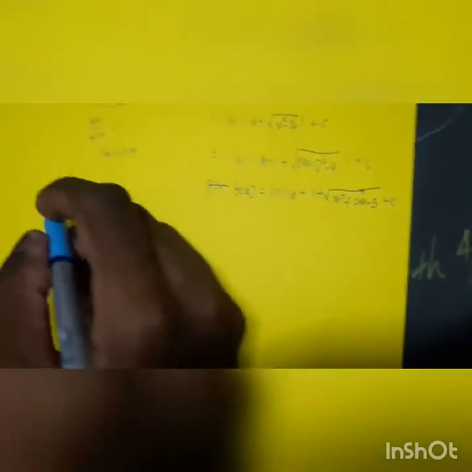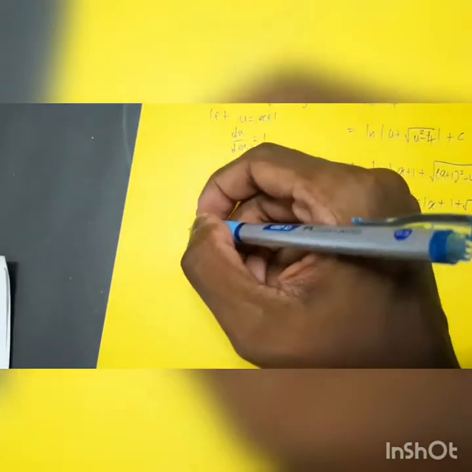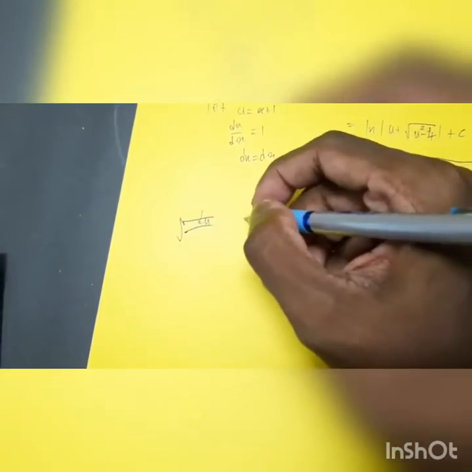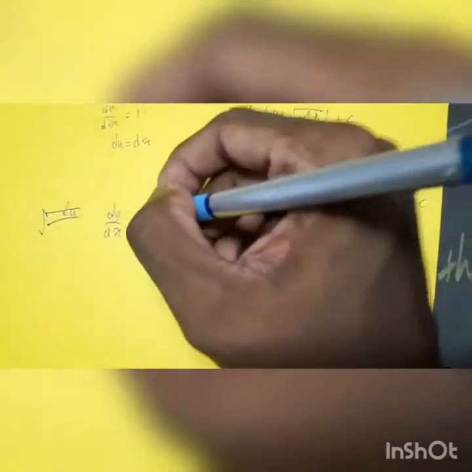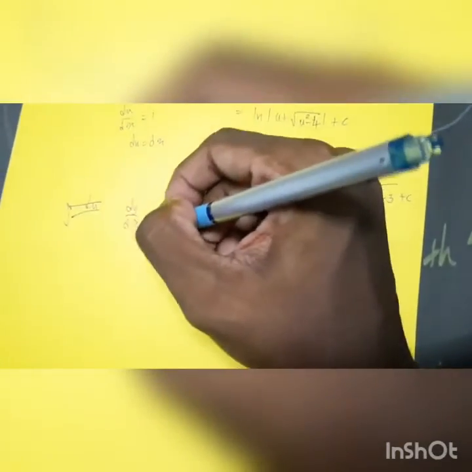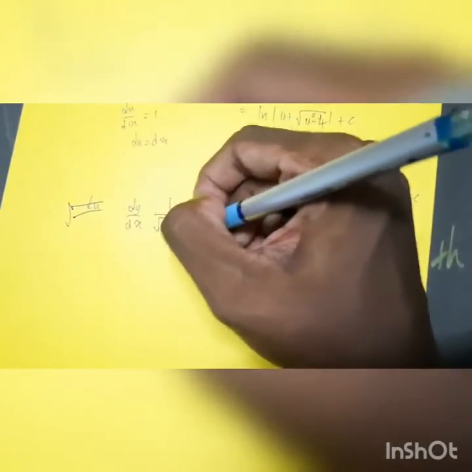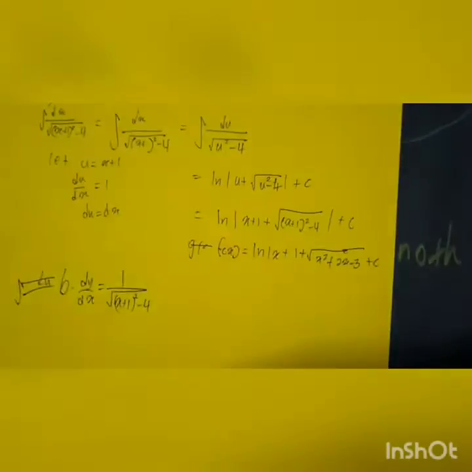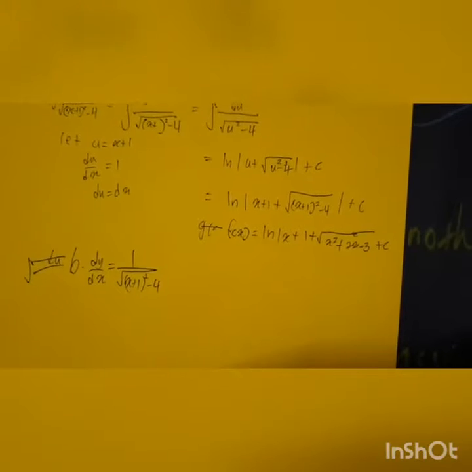Okay, now I'll be showing you the more detailed method of solving the integration: dy over dx equals 1 over square root of (x plus 1) squared minus 4.